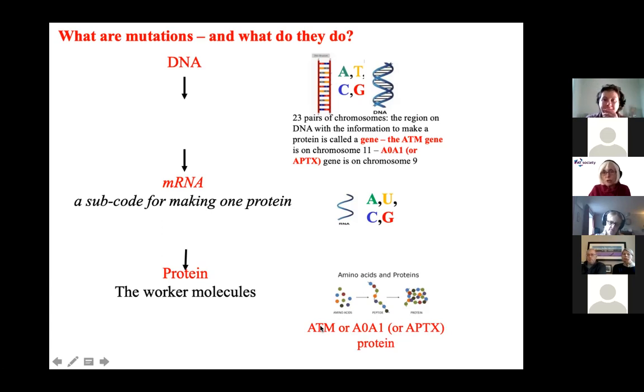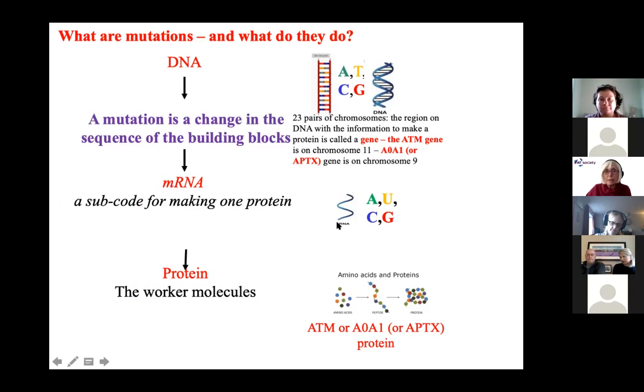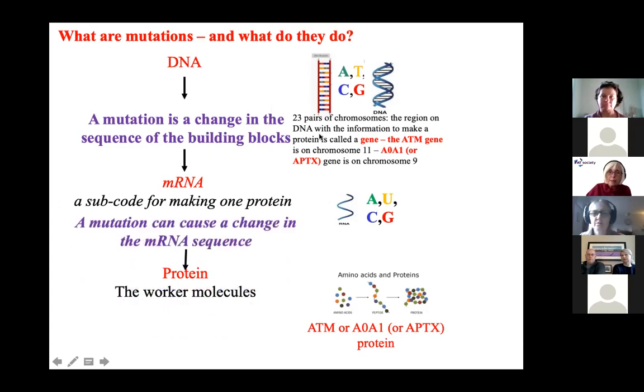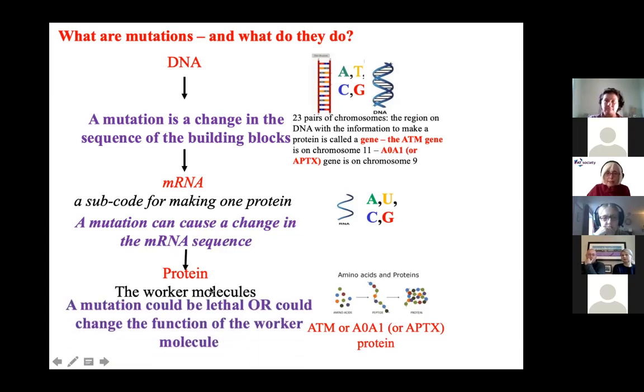Okay, now what I want to focus on now is what a mutation is. What do we mean by a mutation? It's a change in the sequence of these building blocks. And sometimes it's not of any impact because not all of this building block is making messenger RNA, but sometimes it can cause a change in the messenger RNA sequence, and hence it can cause change in one of these amino acids that are put into the protein.